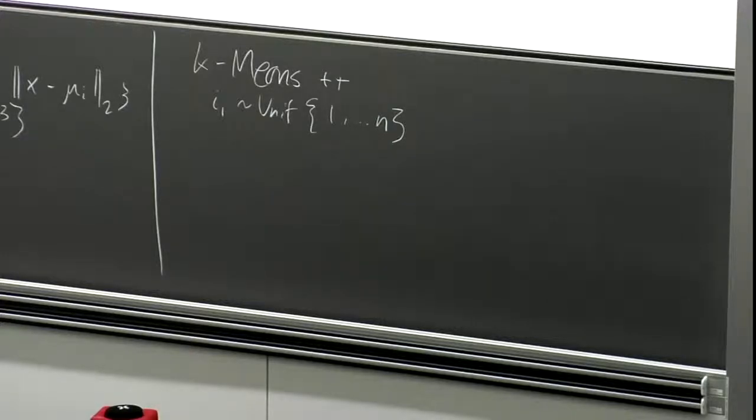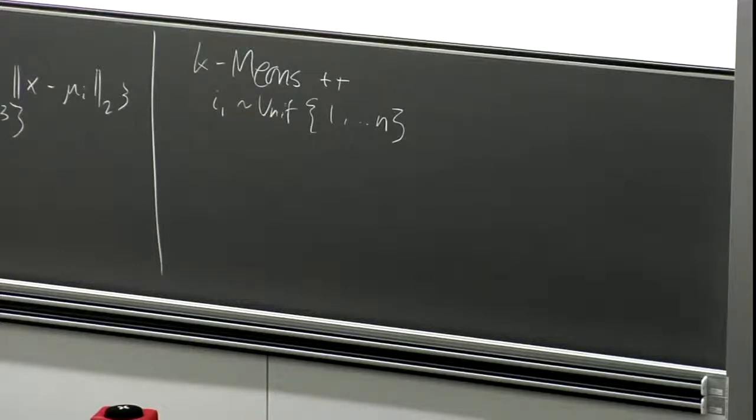Anyone see any issues with this? If you just look at the furthest point, so the issue with just picking the furthest point is that there's, yeah? Outliers, exactly, right? So there might be some points very far away that are isolated, don't really make up separate clusters. But these tend to be far away, so you're going to pick those, right? So this furthest away will be prone to this issue, okay?